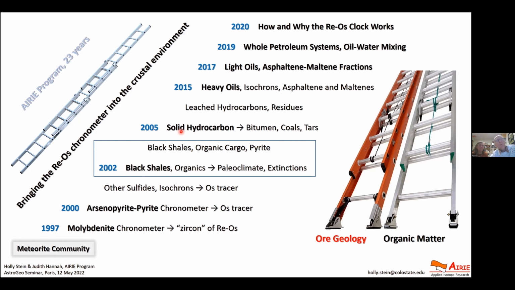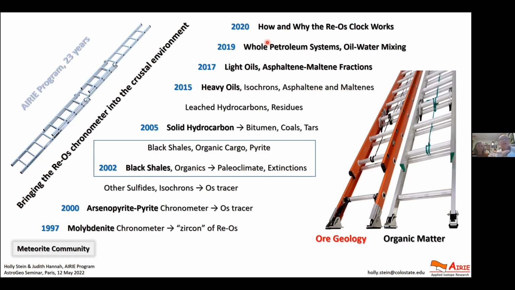We won't talk too much about this, but we also work with hydrocarbons and oils, things that are generated after a shale is deposited, maybe 100 million years later. These are the things that you have to be careful with in shales, because they can disturb the rhenium-osmium clock. There's a huge amount of work that we've done on direct dating of oils and so on.